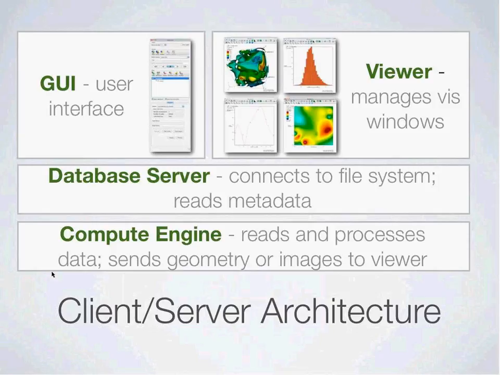But then behind the scenes, there's the database server as well as the compute engine. This allows you to run the GUI and the viewer on the laptop, whereas the database server and compute engine run on the supercomputer. You can have a multiple server architecture, which is popular with this kind of viz tool. The same thing applies to ParaView.